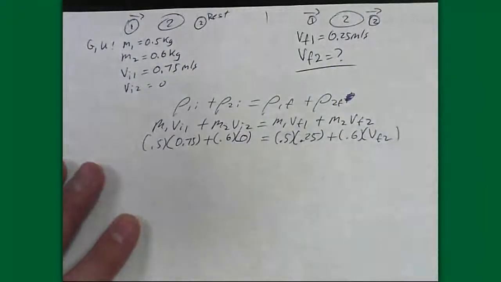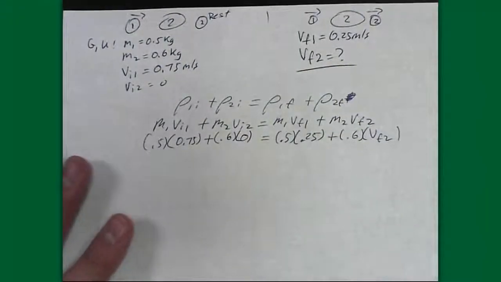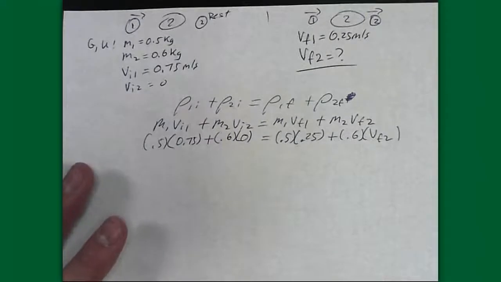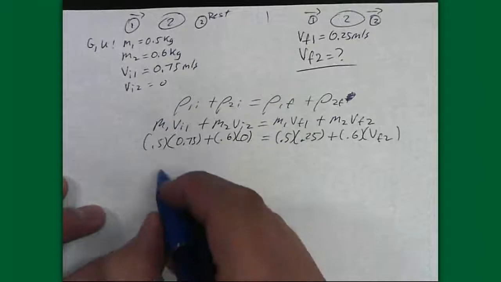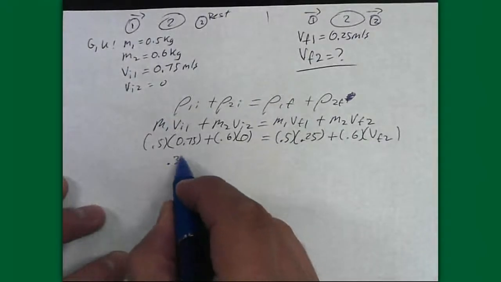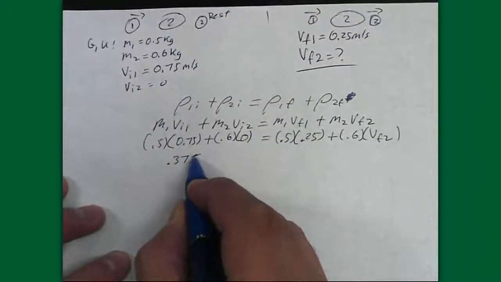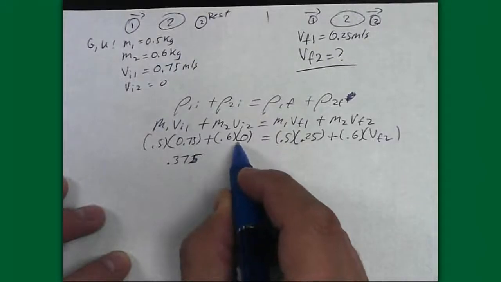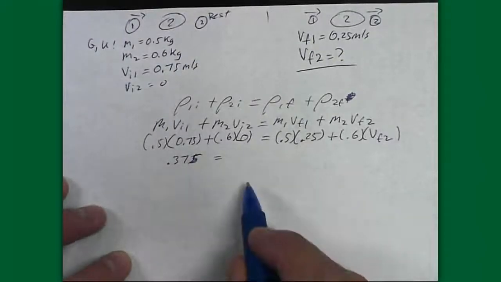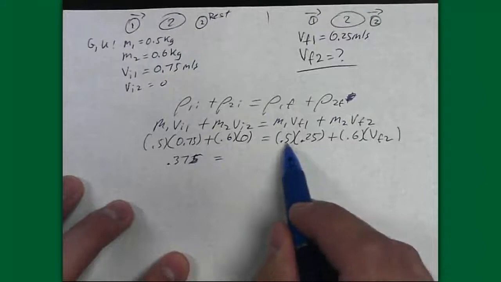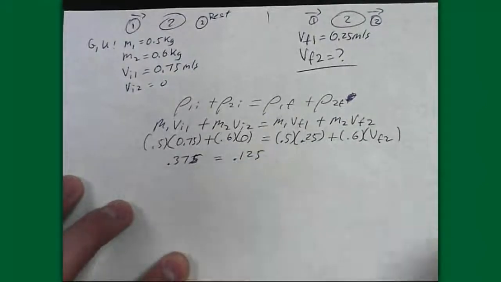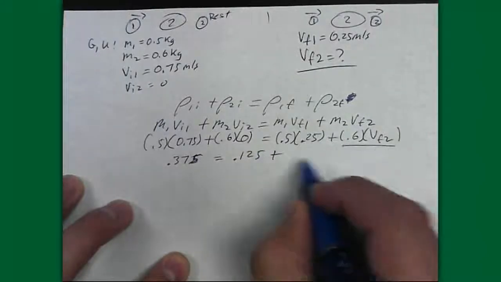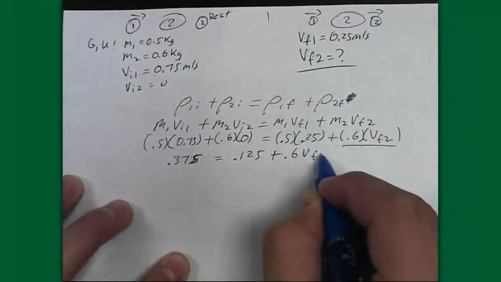That's what I'm trying to solve for. Alright, so we can simplify this out a little bit. 0.5 times 0.75 gives me 0.375. 0.6 times 0 is 0, so that goes away. So 0.375 equals 0.5 times 0.25 gives me 0.125 on this side, plus 0.6 times VF2.